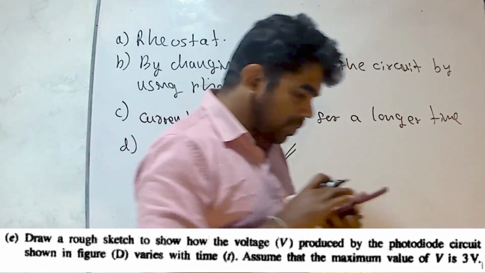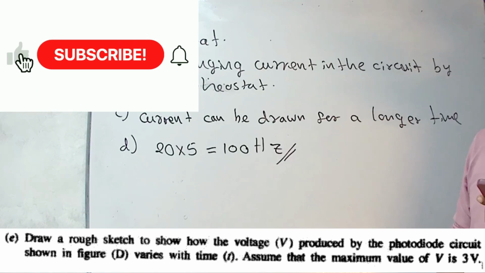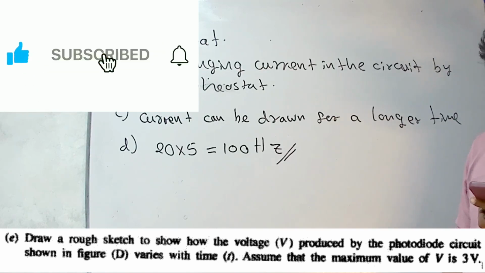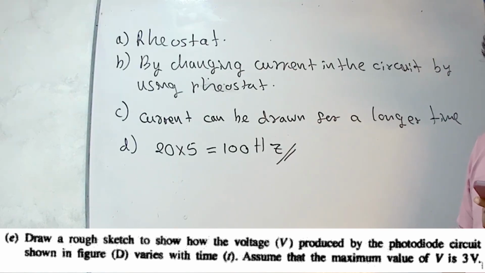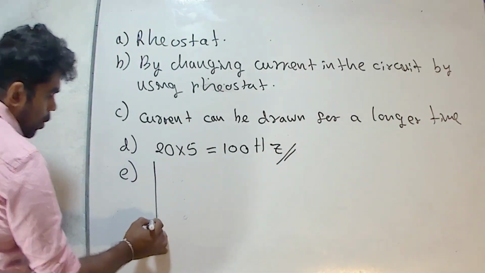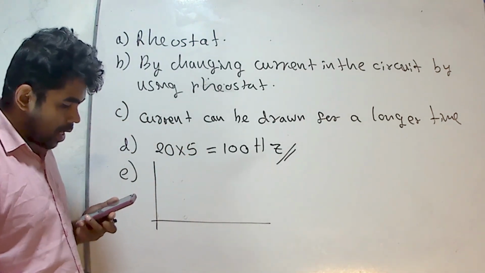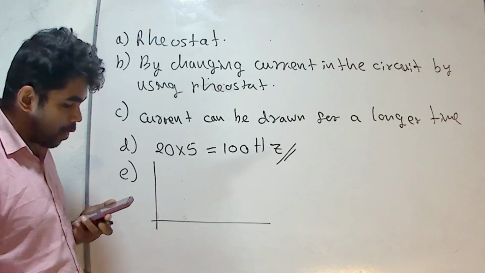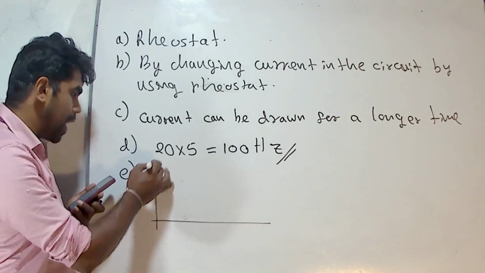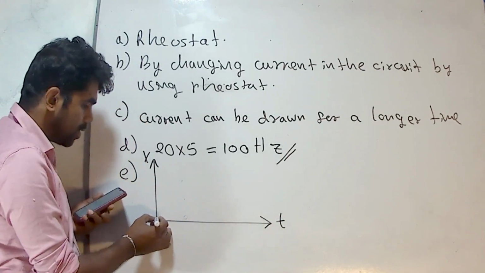Part E, draw a rough sketch to show how the voltage V produced by the photodiode circuit shown in the figure varies with time t. Assume that the maximum value of V is 3 volts. When the photodiode is open to the light rays, it is generating a voltage of 3 volts. Then the voltage-time graph should be like this.